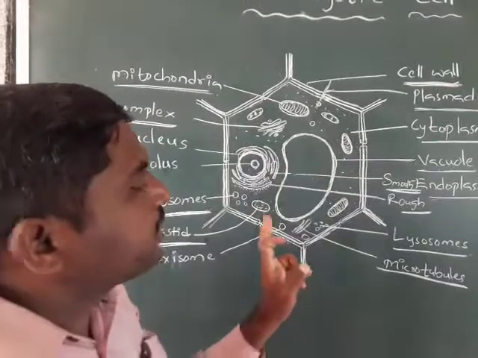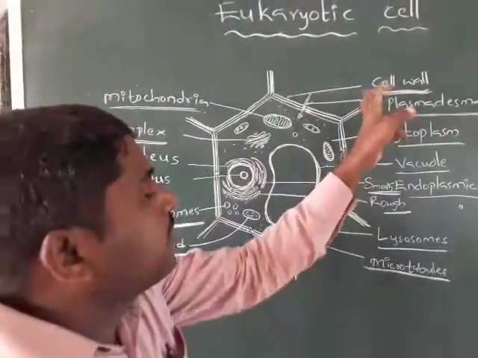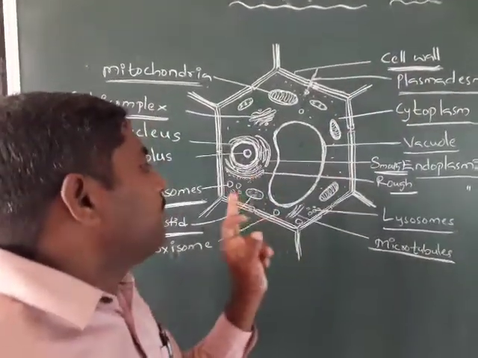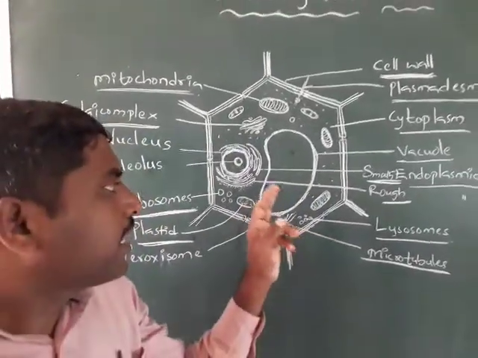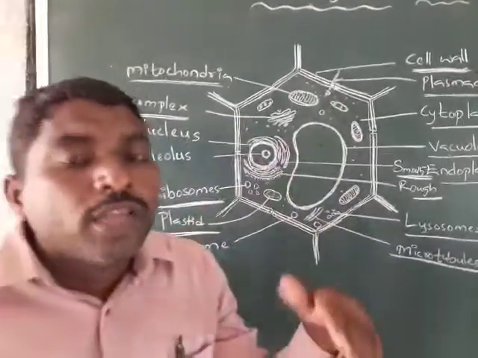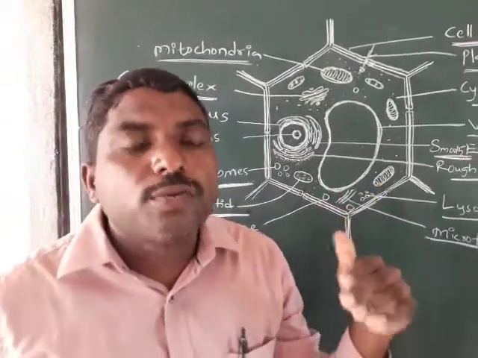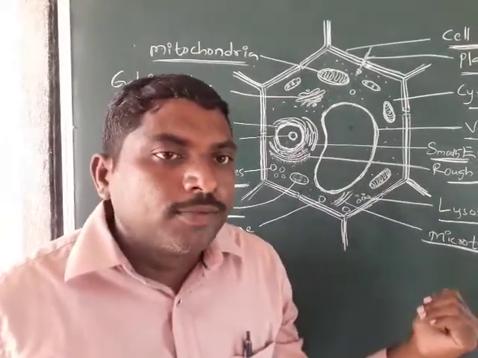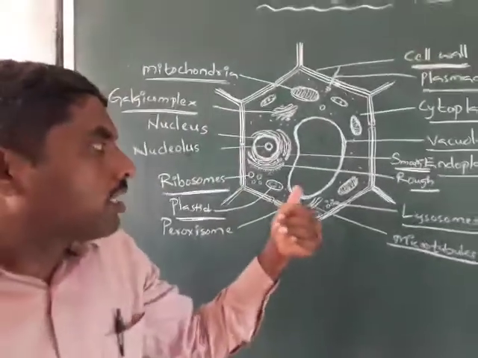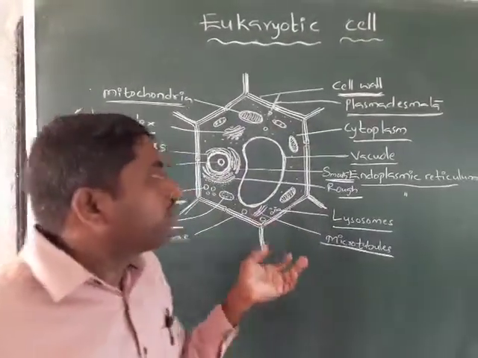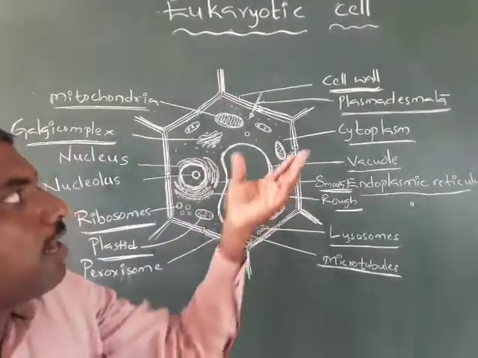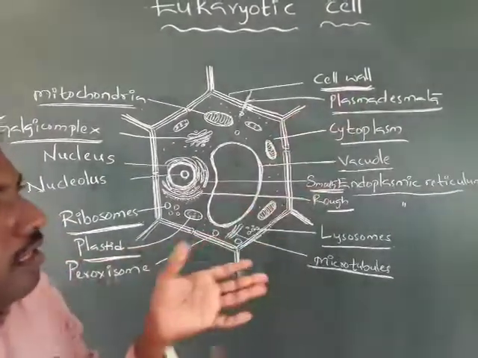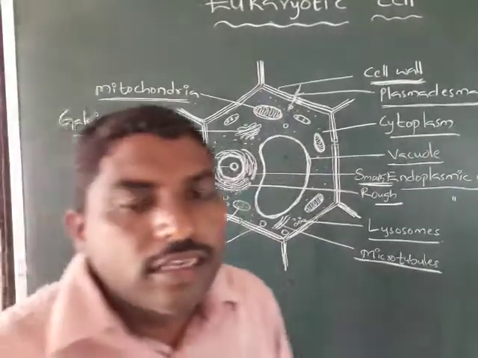These three are absent in the animal cells, whereas in animal cells the centrioles are present. We have to discuss these eukaryotic cell organelles one by one, from the cell wall to the other organelles, in the next class. Thank you.